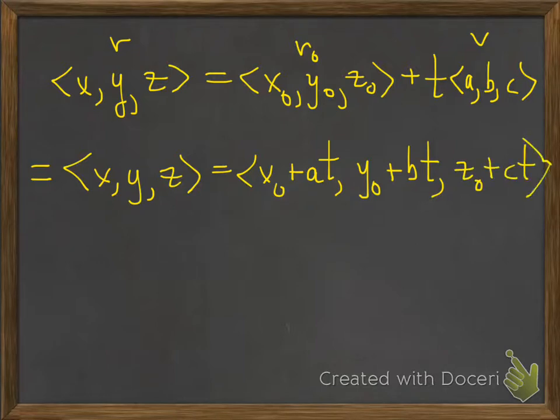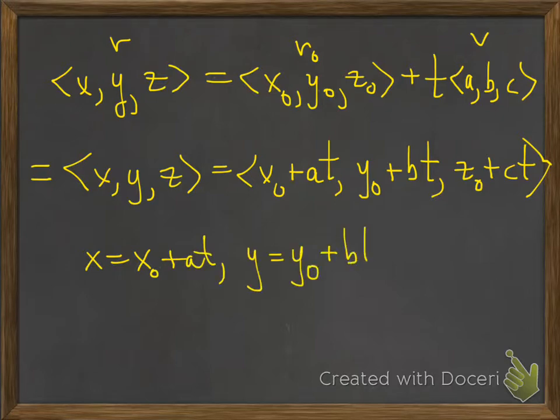Now that's still a vector equation of the line, but what we discover is that x is equal to x naught plus at, y is equal to y naught plus bt, and z is equal to z naught plus ct.